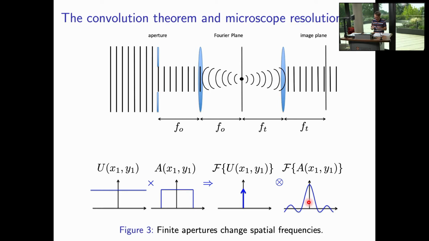Okay, so the field distribution is affected. So to put this in other words, putting this aperture in affects the spectrum of the input field, of course. And so what we want to do in a microscope is preserve as much object information as possible by making this function here, this what's called the coherent point spread function, we'll get to that in a minute, as small as possible.